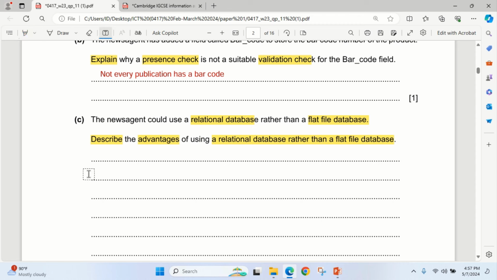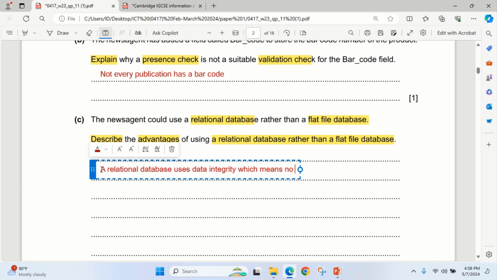So I go. You can start by saying a relational database uses data integrity, which means no discrepancy in the data. What does that mean?